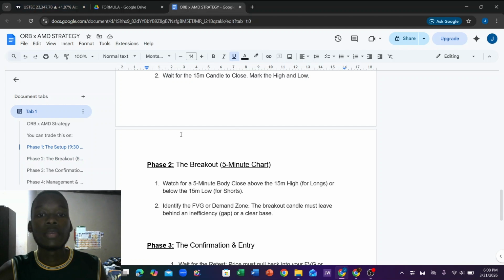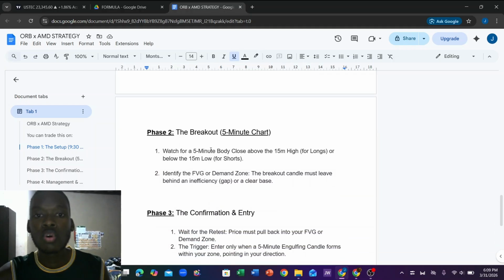So what do I mean by watch for a 5-minute body close above the 15-minute high? Since you've marked the high and the low of the first 15-minute candle after market open, which is 9:30 for Eastern Standard Time and 3:30 for South African time, you're going to wait for a 5-minute body close.